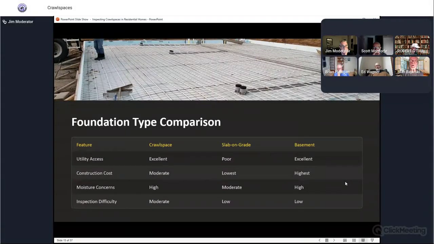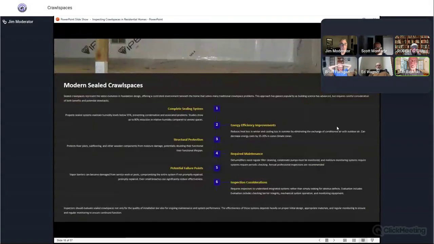Crawl space is moderate, depending on when it was built and what kind of space you have to navigate. Slab on grade is low because all you probably see is the edge of the slab. And then the basement is low, right? Because if it's unfinished, you see everything from the inside and part of it from the outside.